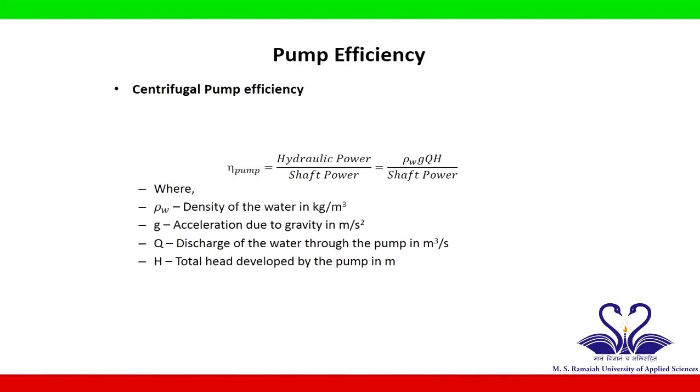That is, efficiency of the pump is equal to hydraulic power divided by shaft power, which is equal to rho_w g Q H divided by shaft power, where rho_w is the density of the water in kg per meter cube, g is acceleration due to gravity in meter per second square, Q is the discharge of the water through the pump in meter cube per second, and H is the total head developed by the pump in meter.